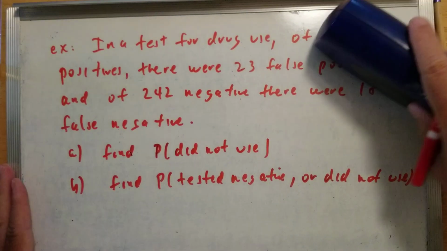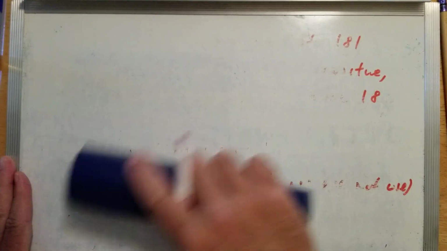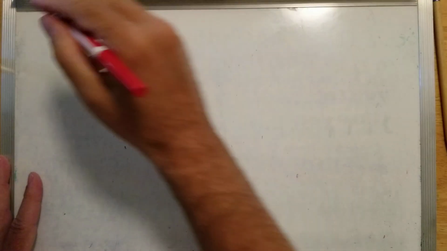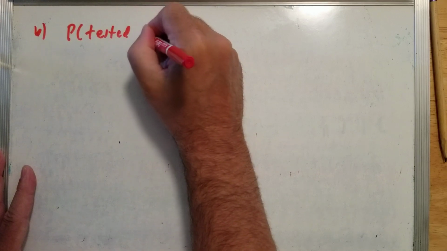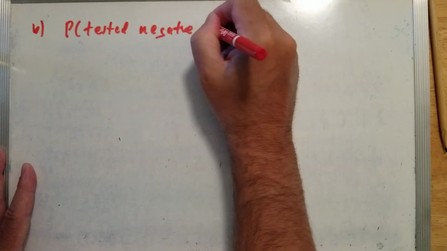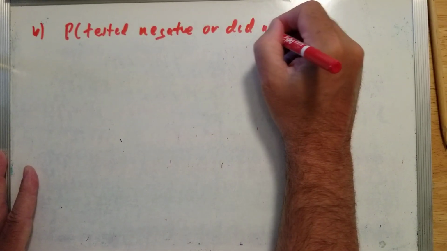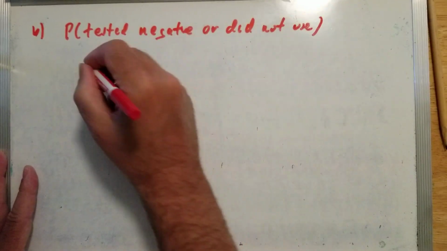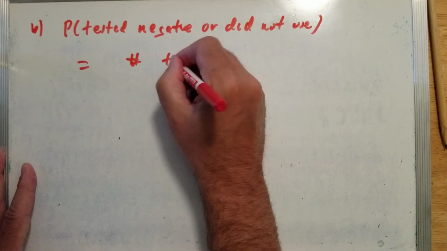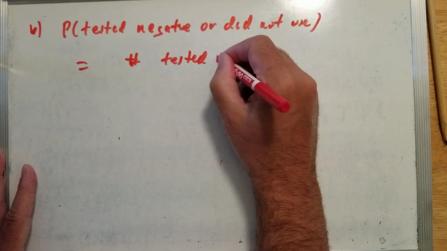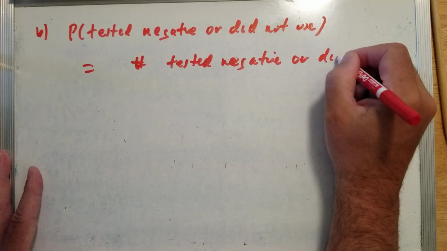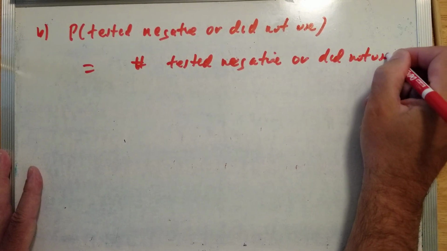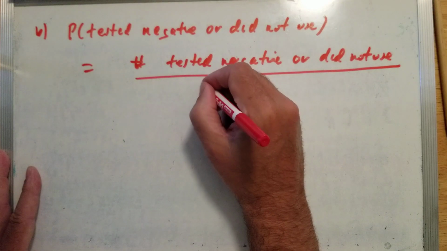So for the second question, the probability tested negative or did not use is equal to the number who tested negative or did not use, over the total number.